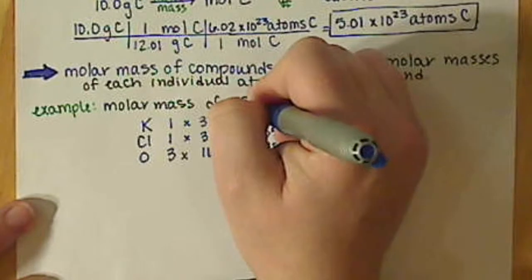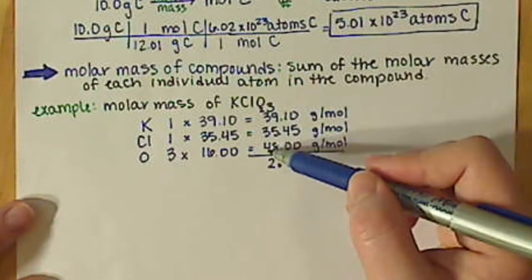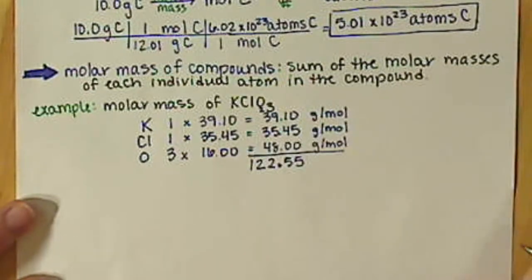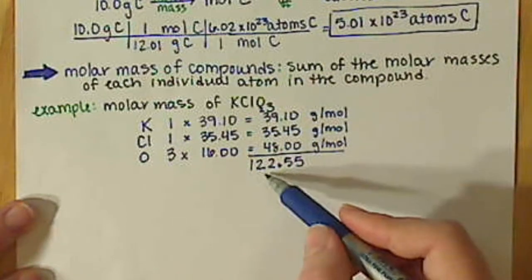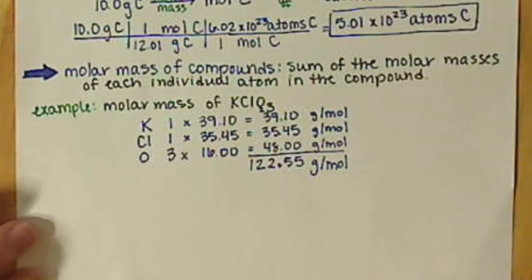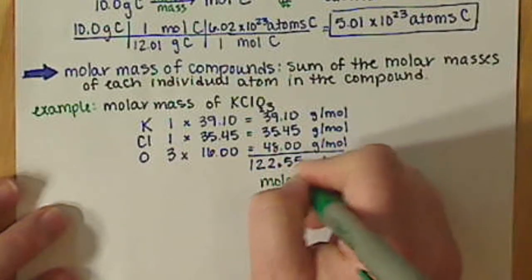So 2, and carry my 2. I have 3, 6, 10 plus my 2. So I have 12. So the molar mass of KClO3 is 122.55 grams per mole.